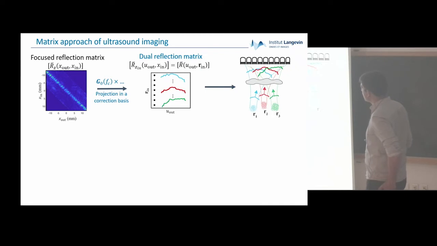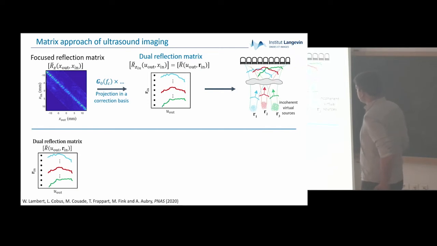And you will analyze the reflected wavefront in that basis. I'm focusing at that point, and I will look at the shape of the reflected wavefront. You have this dual reflection matrix, dual because you are in between two planes that are reciprocal with each other. This dual reflection matrix shows tilted wavefronts because they correspond to different input focusing points inside the medium.